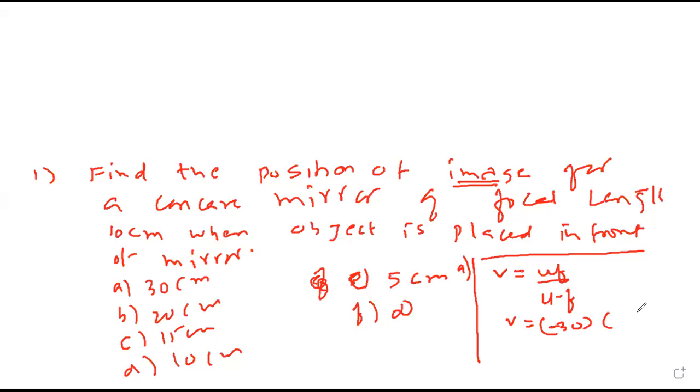And for concave mirror, focal length is negative, so minus 10. So v is 300 upon minus 30 plus 10. Minus 30 plus 10, how much? Minus 20. So answer will become minus 15 centimeters. First one clear?